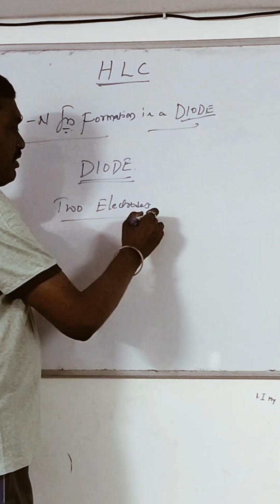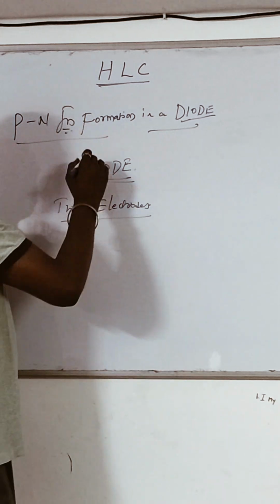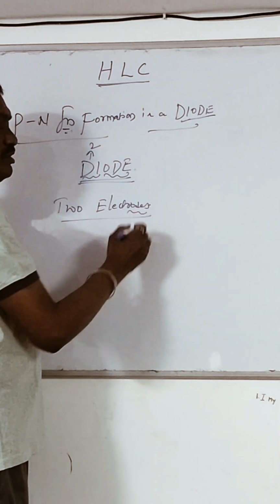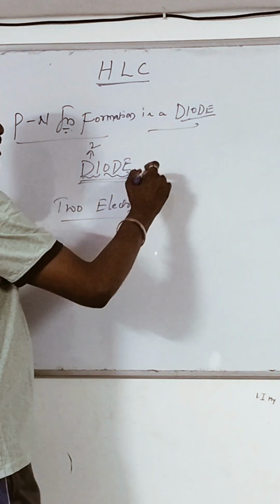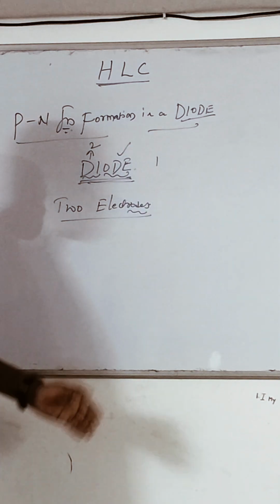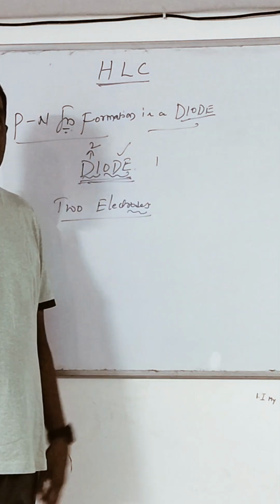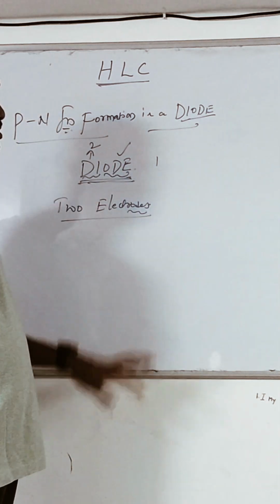Di is meant for two, and ode is the short form of electrode, and they are attached together to form the name diode. Any device which has two electrodes can be called a diode.